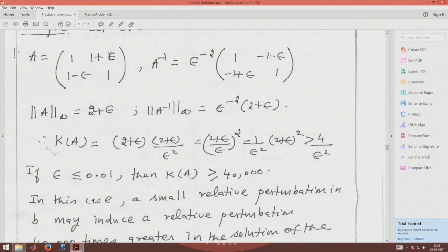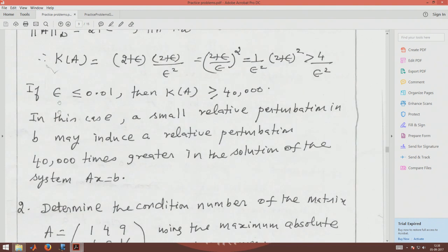Suppose I give a small change in one of the entries in the matrix A, namely I add epsilon to this entry and subtract epsilon from this entry. So, if I perturb entries in the given matrix A, then what happens to the condition number?